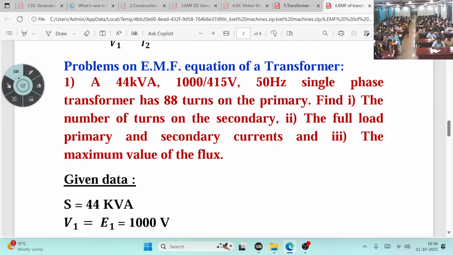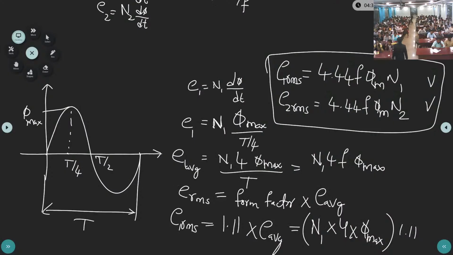Before going to solve this problem, there is one term called transformation ratio.